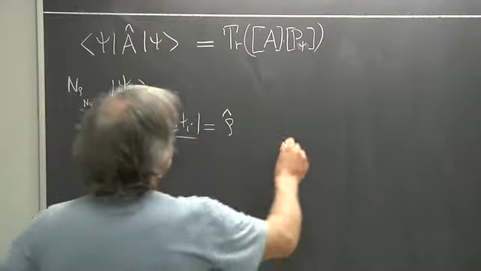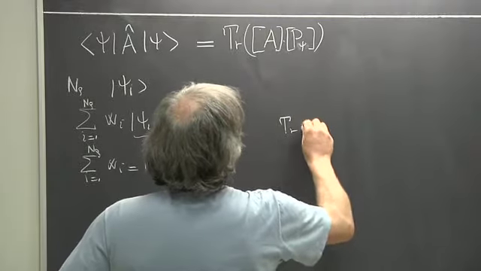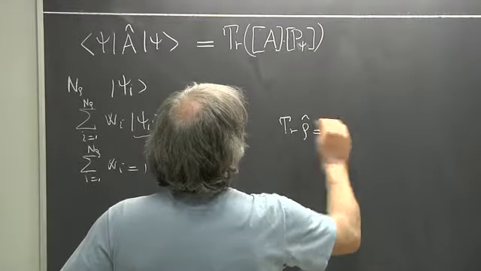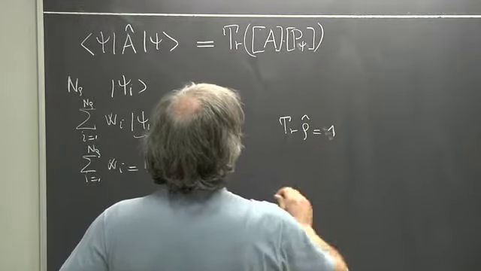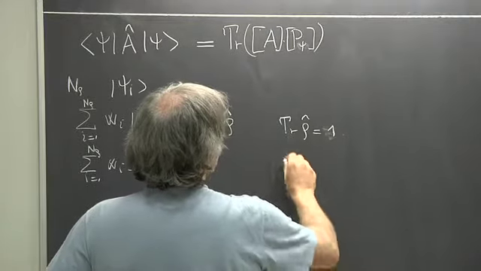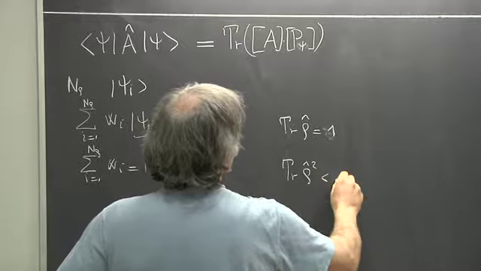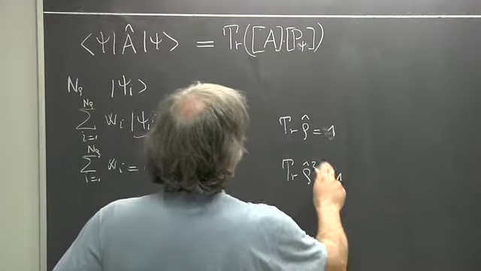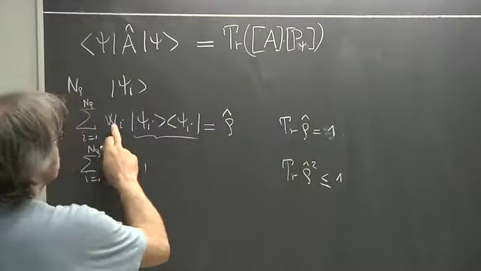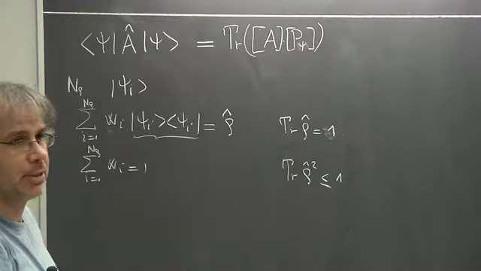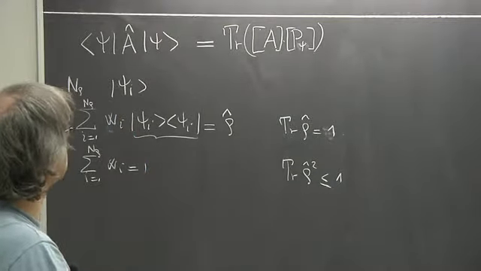So an object whose trace is equal to 1, but such that in general the trace of rho squared is less than 1. It is equal to 1 indeed only if there is only one state present in the expansion, okay?